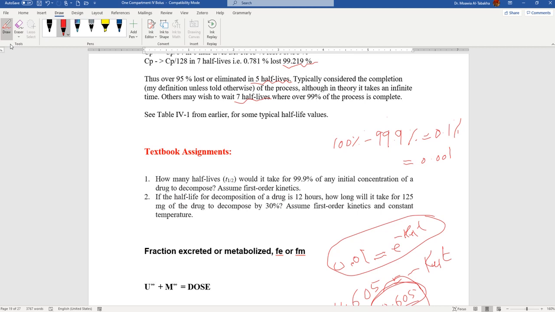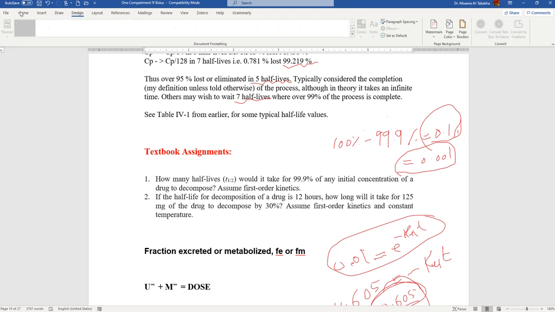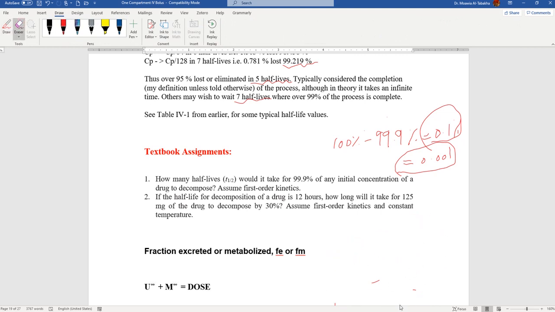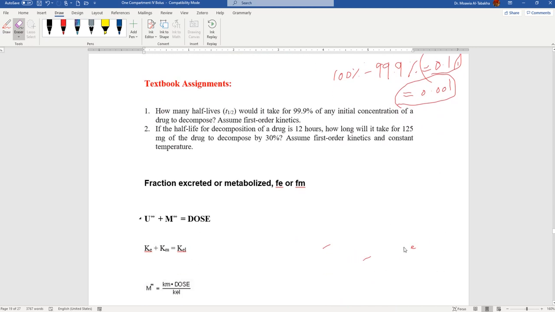This is what it's equal to. So it's like I'm saying that the remaining in the body is 0.001. Now which equation or which mathematical term will give you the fraction remaining? 0.001 is the fraction remaining.